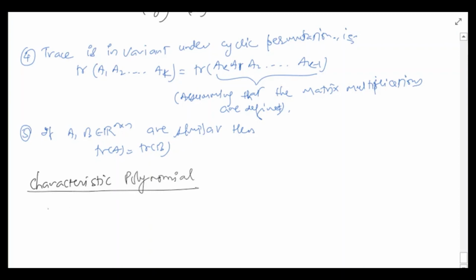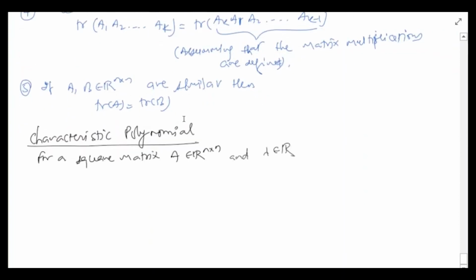For a square matrix A, let's say an n cross n matrix, and a number lambda, determinant of A minus lambda I is a polynomial in lambda, and this is called the characteristic polynomial of A, often denoted as P_A of lambda.